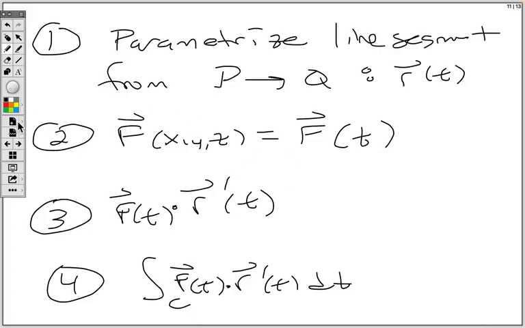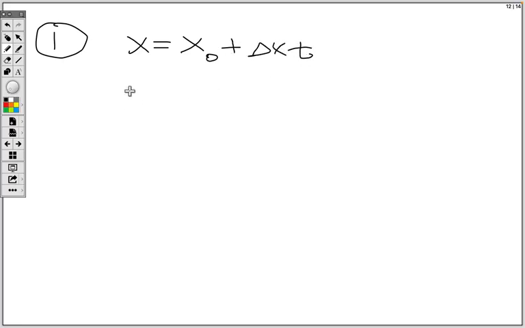So let's talk about parametric line segments. Remember how you get the parametric line segment. x equals x naught plus your change in x times t. y is y naught plus your change in y times t.